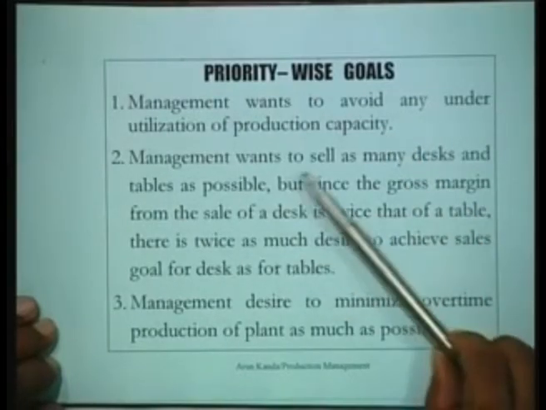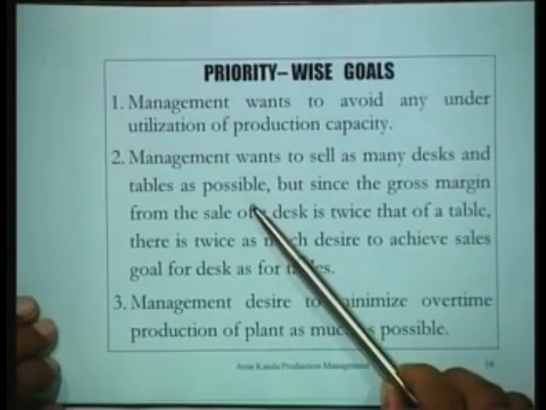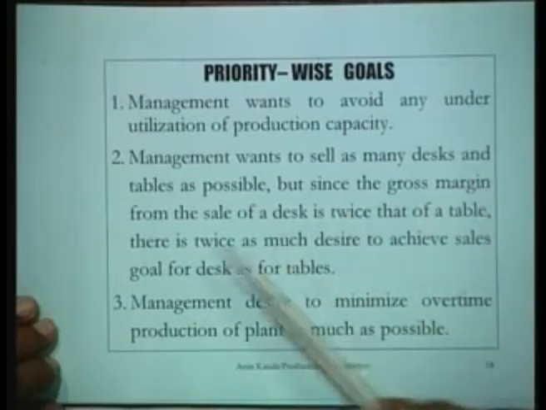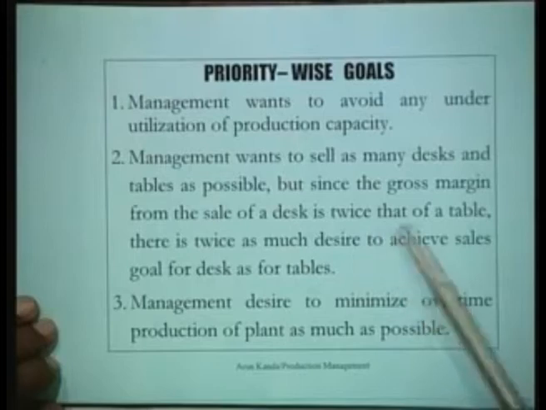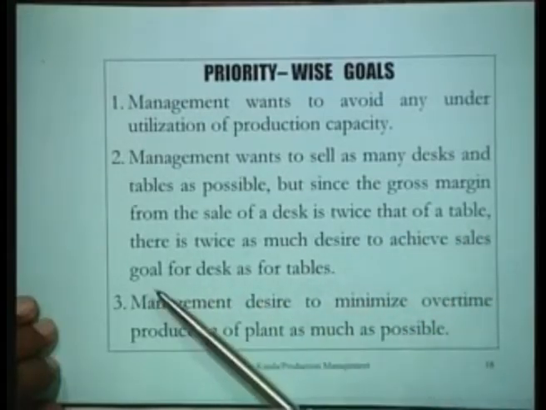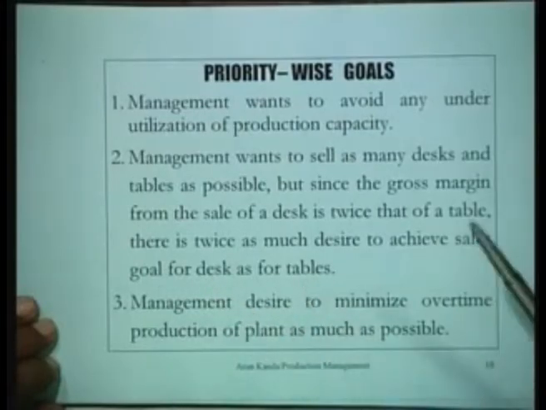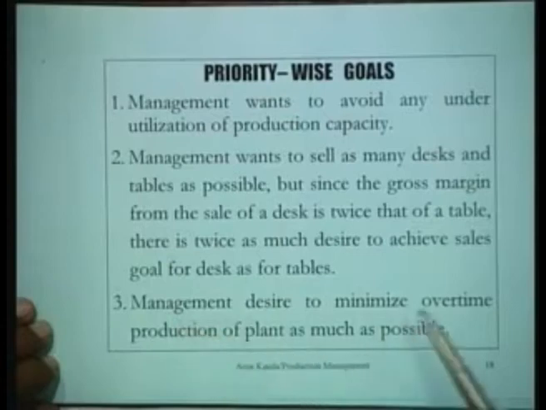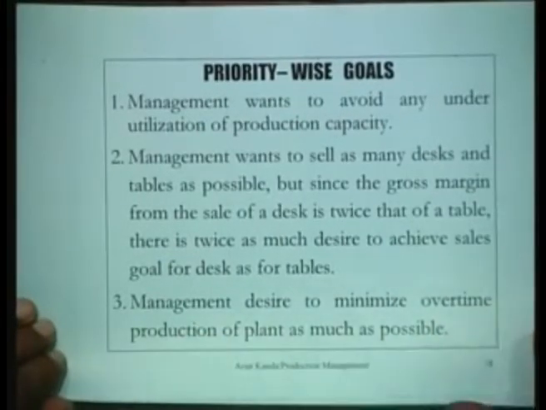The management wants to sell as many desks and tables as possible, but since the gross margin from the sale of a desk is twice that of a table, there is twice as much desire to achieve sales goal for desks as for tables, which is quite obvious. And the third one is management desire to minimize the overtime production of the plant as much as possible.